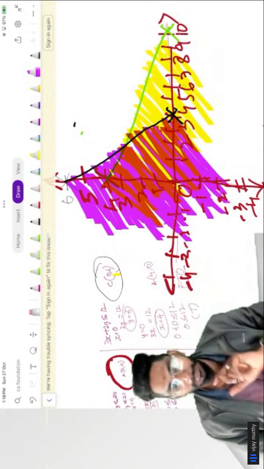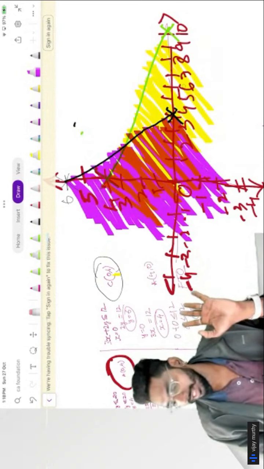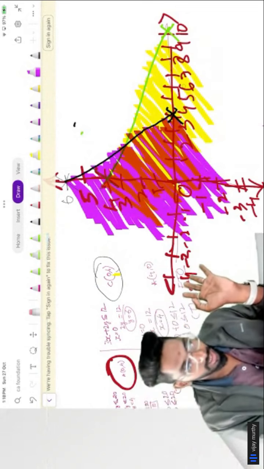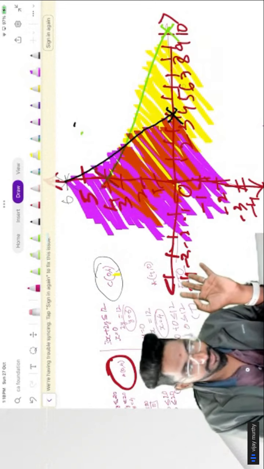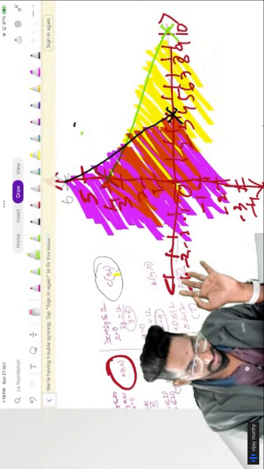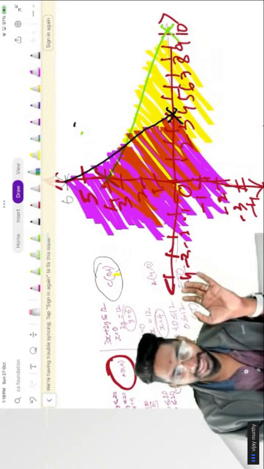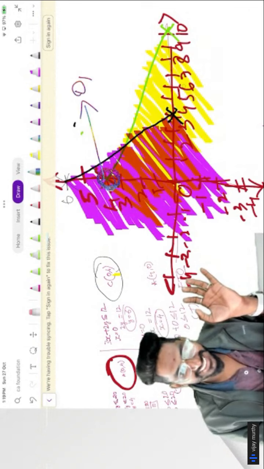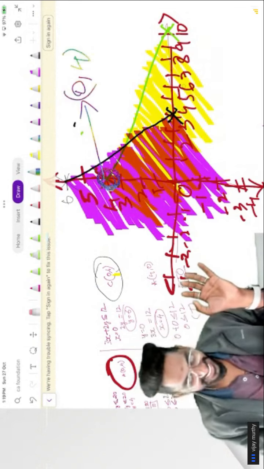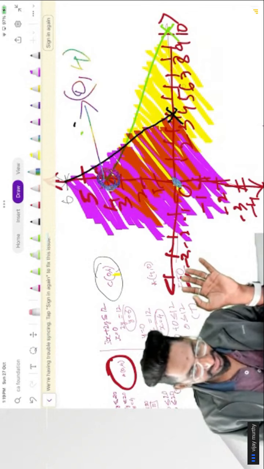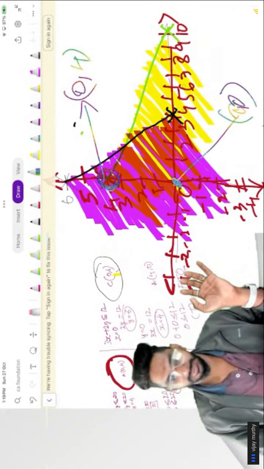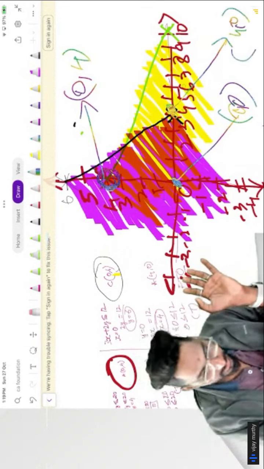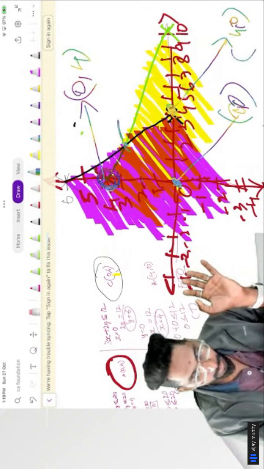Now pink, red and yellow are visible. When two of them join, some different color is formed. That is my feasible region, and that is why it is colored. So one point is 0,4. Another point is 0,0, another point is 4,0, and another point is 2,2.